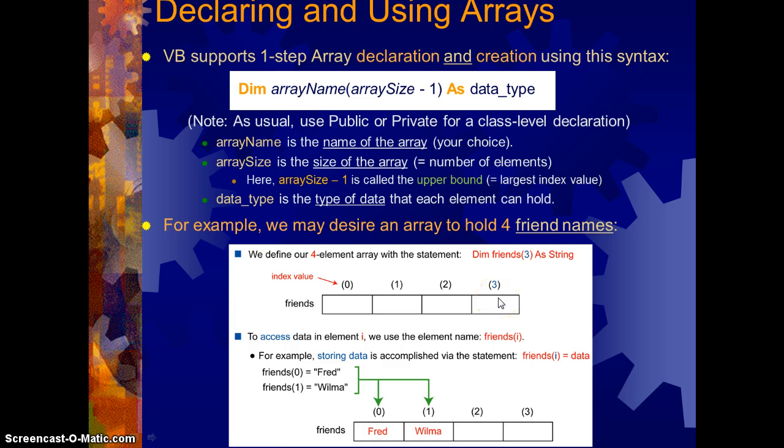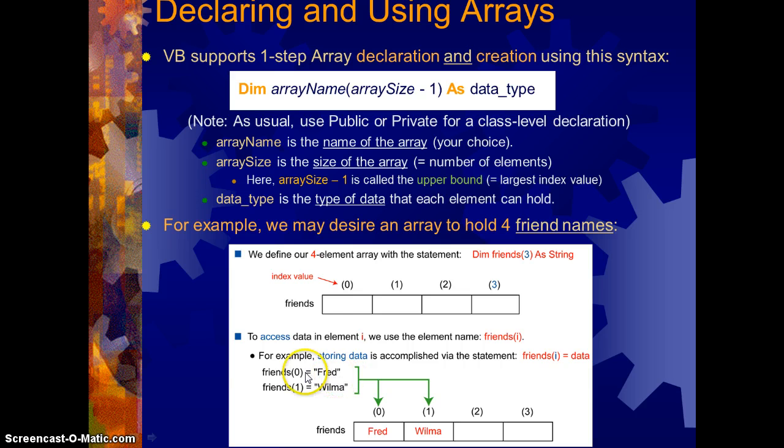Okay? So we define our 4-element array with this statement. Dim, it's going to be called friends, and we say 3 as string, and that actually means that it has how many elements in it? It actually has 4 elements in it. Okay, and then we can enter Fred as the first element, or the 0th element, like this.